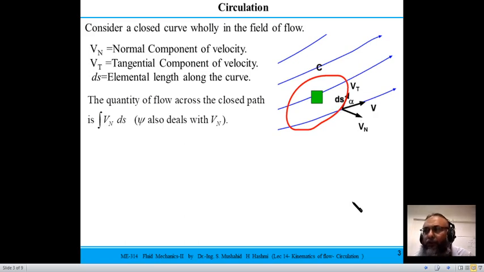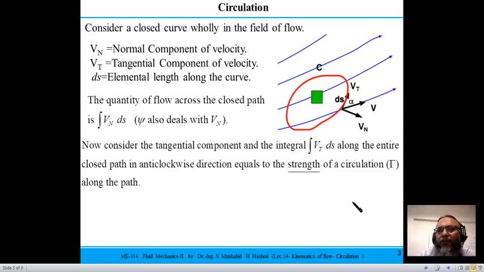In circulation, the normal component is not the active component. What we need to think about now is the line integral. In the flux, it is an area integral, but here it is a line integral. So you have integrated over S, and S is a length, not an area. Keep this in mind. The flux part represents the area in the normal direction, the thing which is coming out.